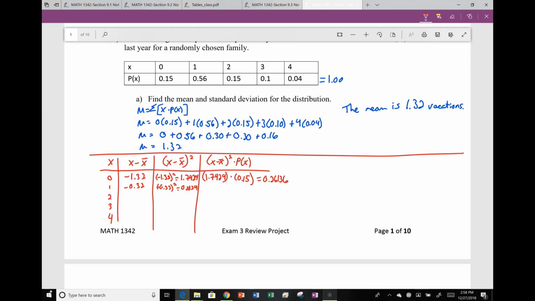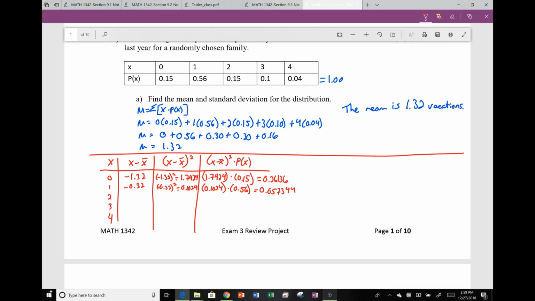I want this entire thing squared, so negative times negative gives me a positive. This column must always be positive. Okay, so I'm going to have 0.1024 times 0.56, which is going to equal 0.057344.